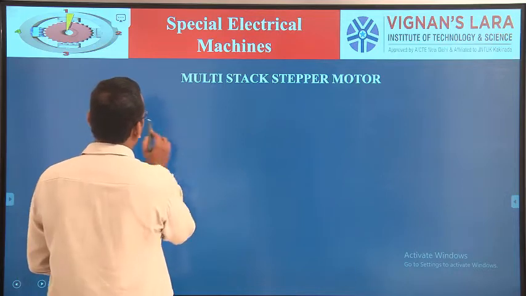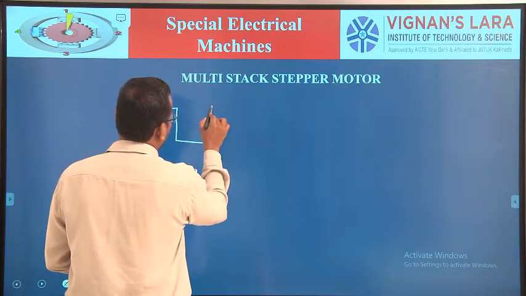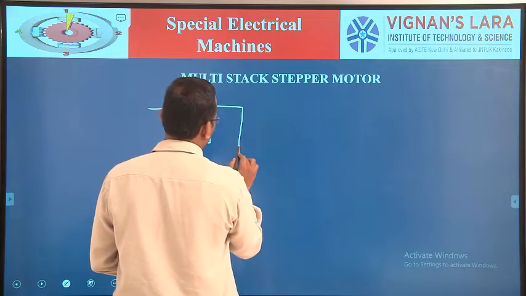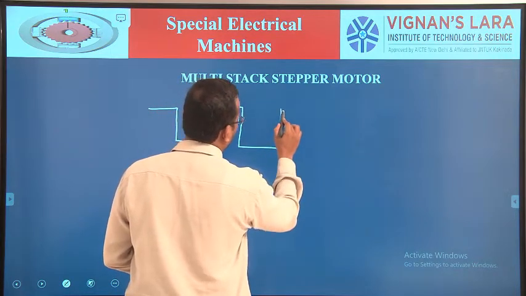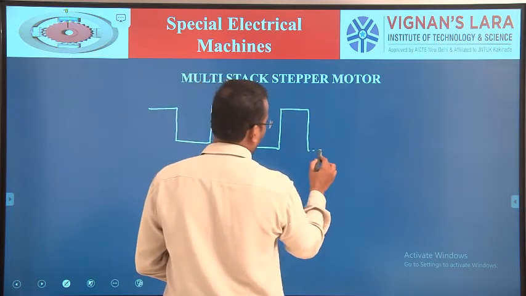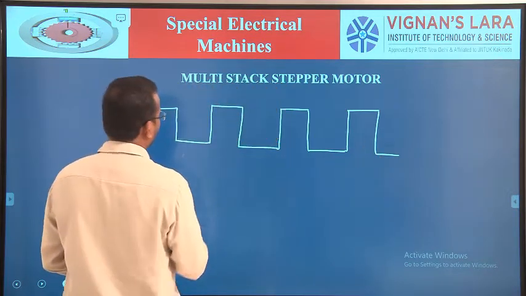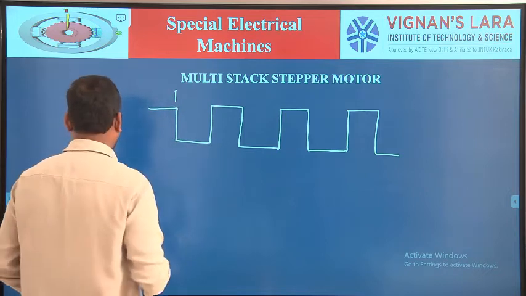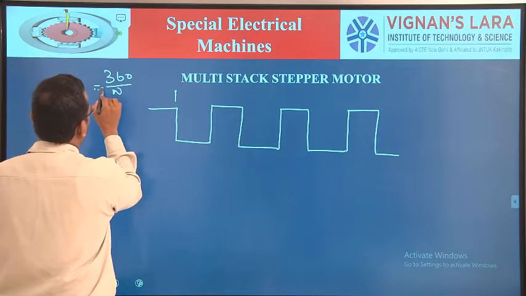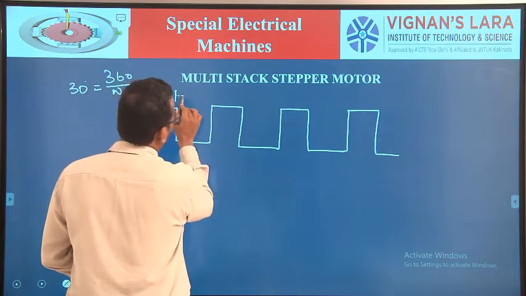So first we'll draw this is stack A, stack B, stack C. So first, what is the angle pitch? Angle pitch is 360 upon N. It is equal to 30 degree.